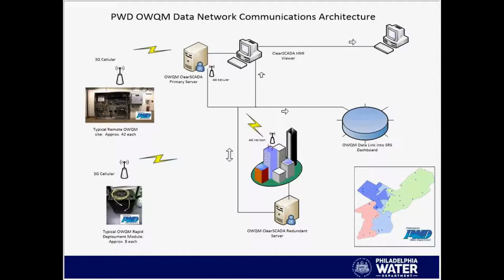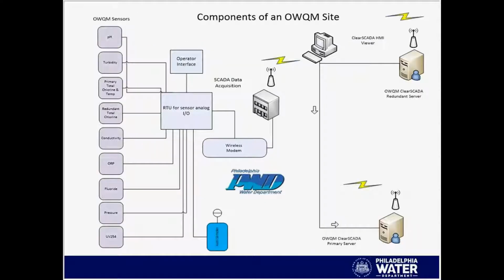Each one of those dots is a monitoring station. Each station provides 2-minute data, and I believe it takes roughly 5 minutes for each station to report. The data is stored on site, and once it's called up from the main server, it transfers all that data. So on the next slide, we're going to go a little bit deeper.